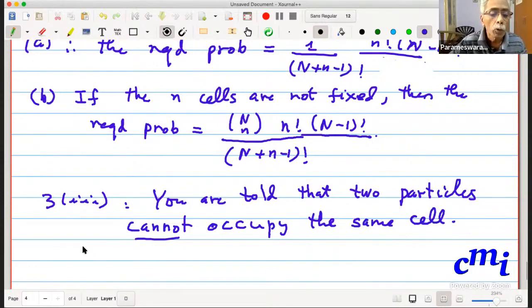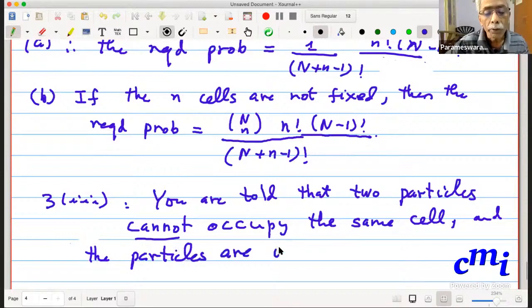Now do 1 and 2. Otherwise, the conditions are the same. And the particles are indistinguishable. So let me also say that. And the particles are indistinguishable.